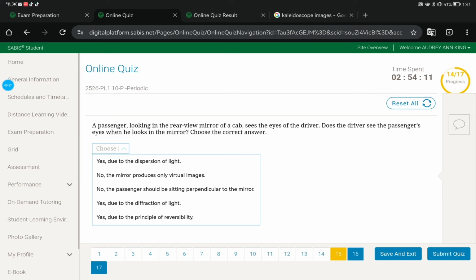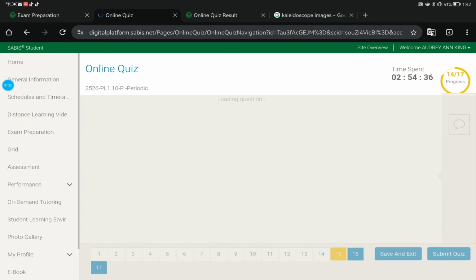Or even when you try to see the back of your head, you pull out another mirror and put it in front of you, and then you can see the back of your hair in your phone mirror because that mirror is reflecting off of the mirror you're holding. Do you know what I'm talking about? That's because of the principle of reversibility.